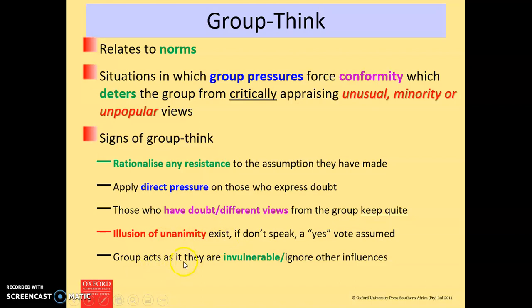The group acts as if they are invulnerable or they ignore other influences. So if they act like they are not vulnerable or they ignore other influences, this is considered that the group experiences groupthink.